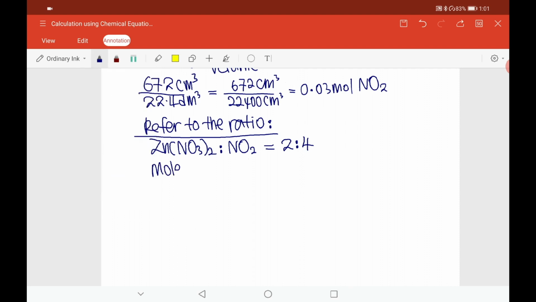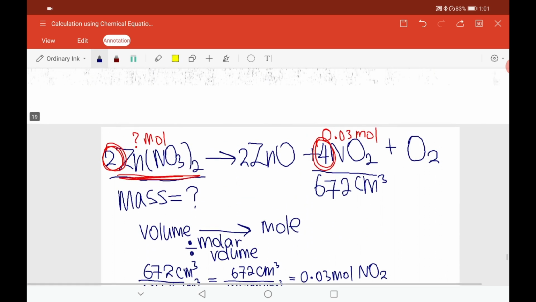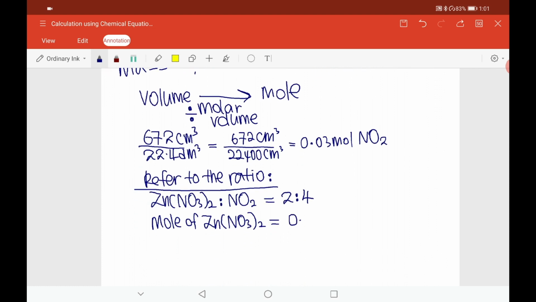The mole of zinc nitrate is half of the mole of NO2, because NO2 is 0.03. So for zinc nitrate, it is half of 0.03. So we take 0.03 divided by 2. So you get 0.015 mole. This is the mole for the zinc nitrate.